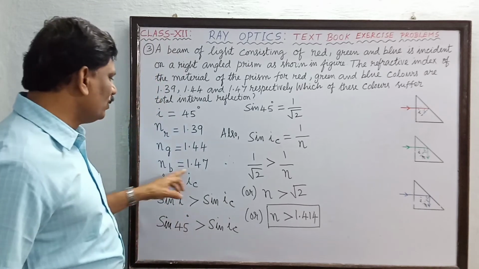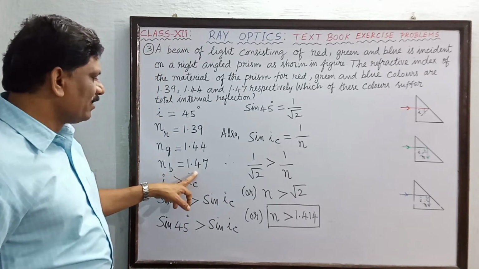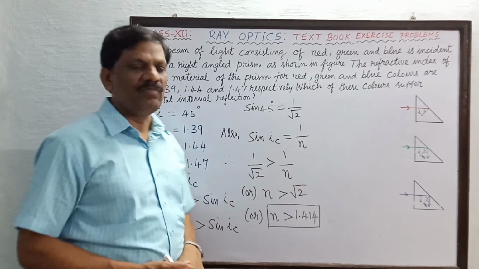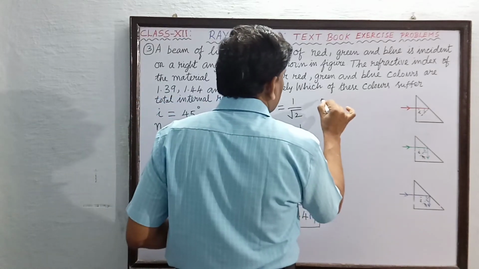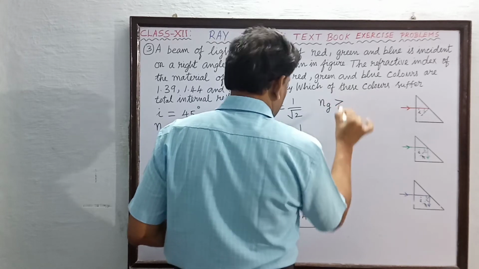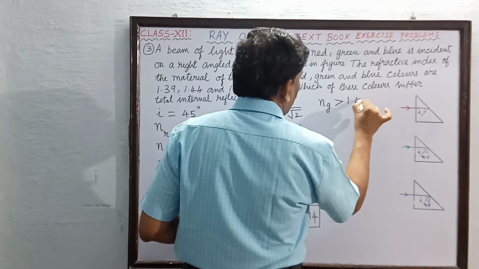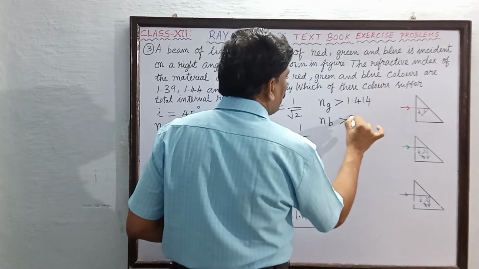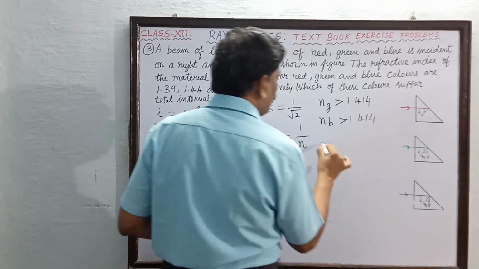And for blue, the refractive index is 1.47, which is greater than this 1.414. So here n green is greater than 1.414, and n blue is also greater than 1.414.